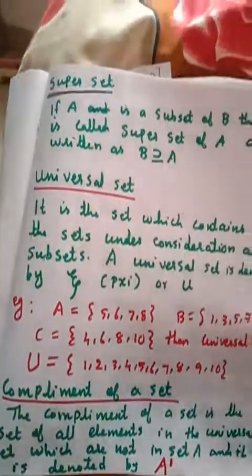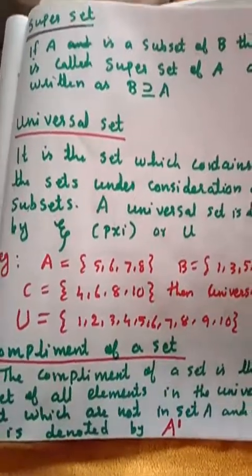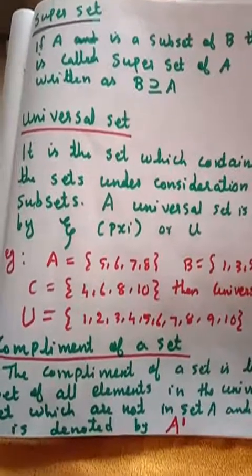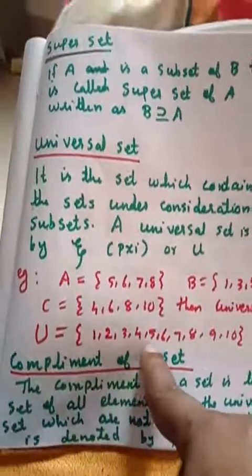U is equal to 1 to 10 because all the elements in A, B, C come under this 1 to 10.